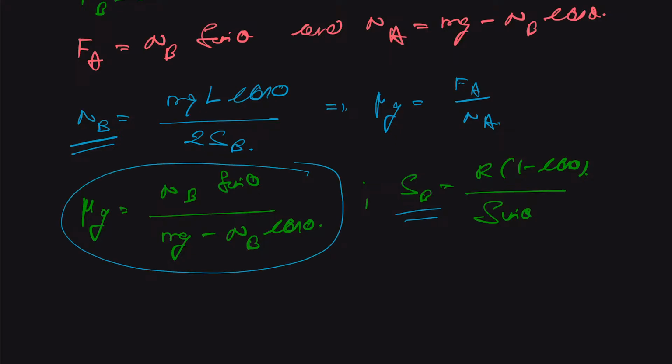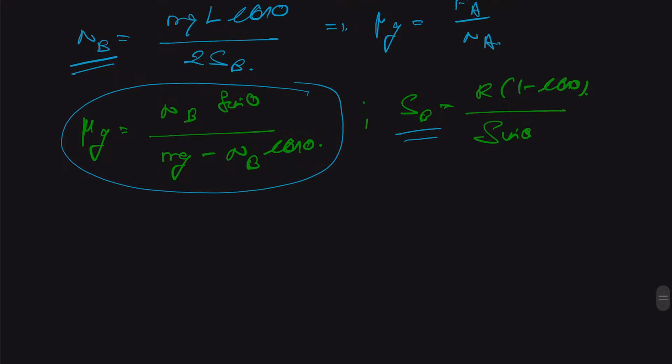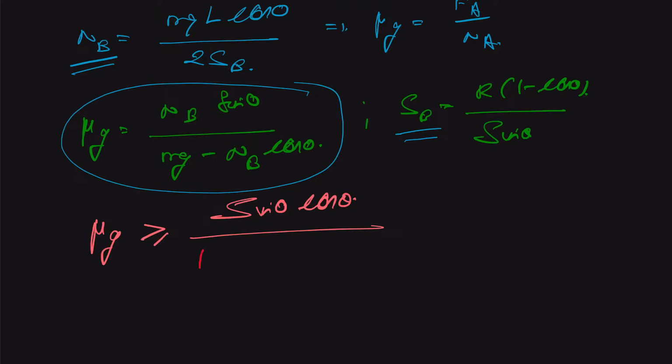And we are going to get that our mu of G should be greater than or equal to sine theta cos theta times 1 plus cos theta over 2 minus cos theta.